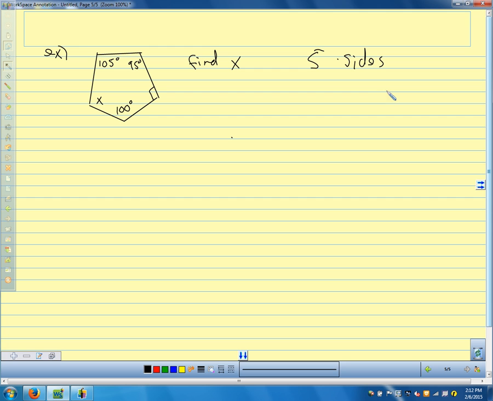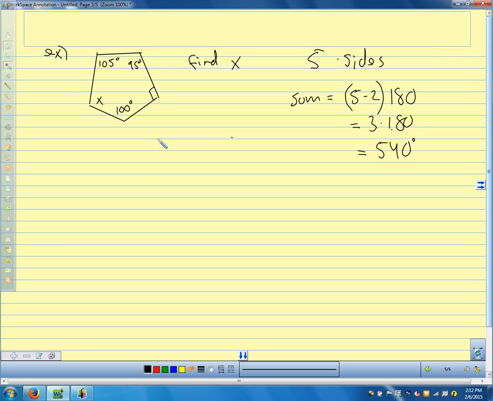Do we remember how do we do that? The sum is 5 minus 2 times 180. 3 times 180, and what did that come out to? 540 degrees.